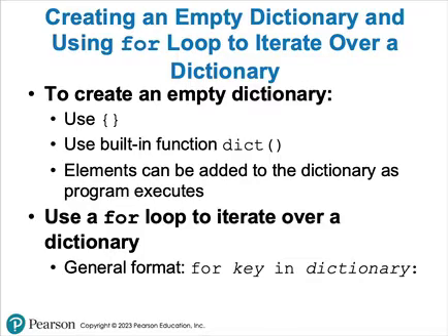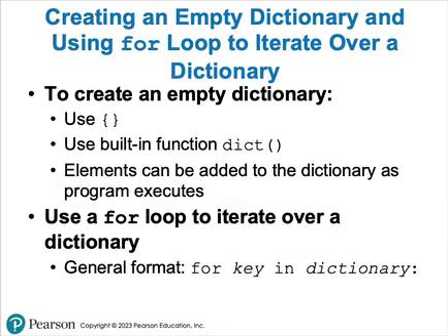As far as creating dictionaries, you put values within curly brackets. If you just put an open curly bracket and a closed curly bracket, that is an empty dictionary. You can also say dictionary name equals dict, parentheses, which is a call to a function that gives you an empty dictionary.